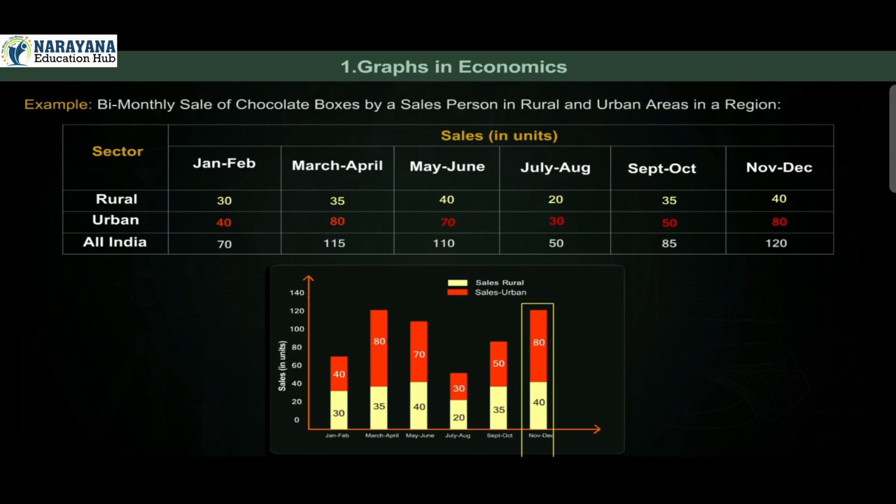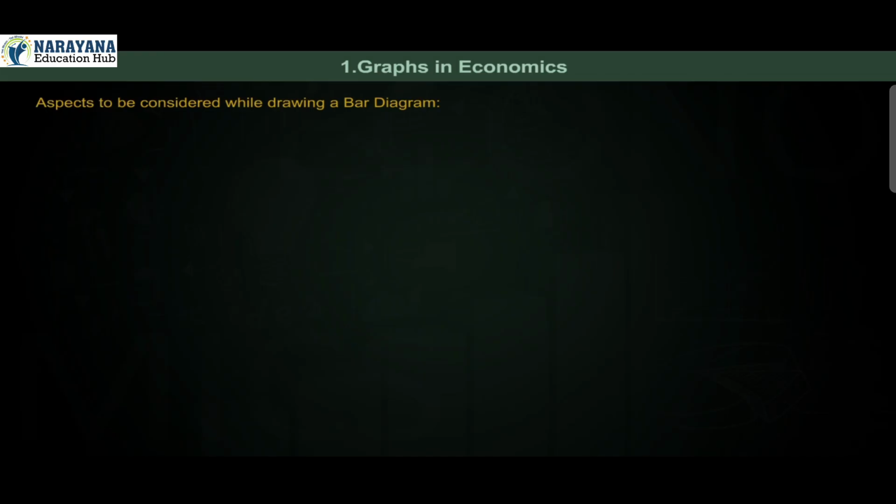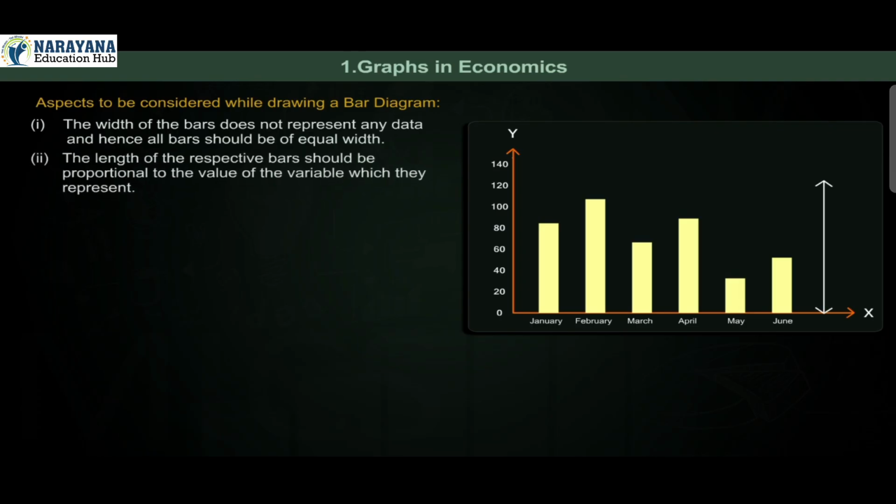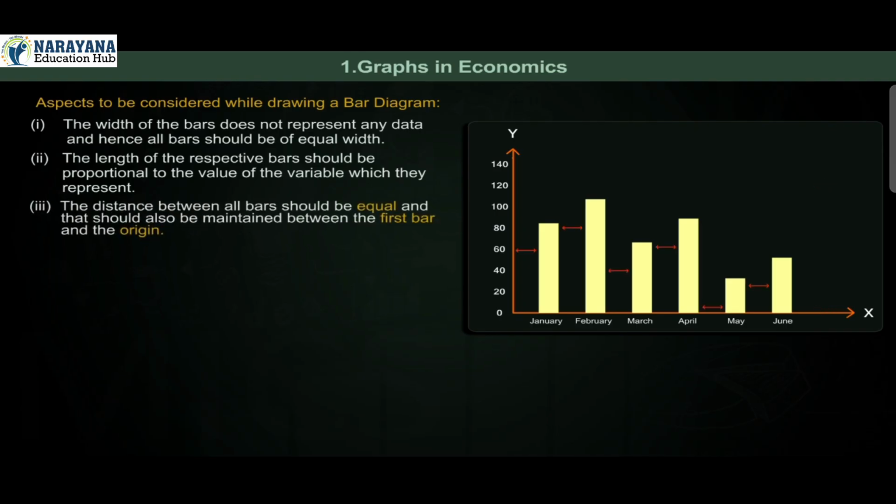Aspects to be considered while drawing a bar diagram. 1. The width of the bars does not represent any data and hence all bars should be of equal width. 2. The length of the respective bars should be proportional to the value of the variable which they represent. 3.